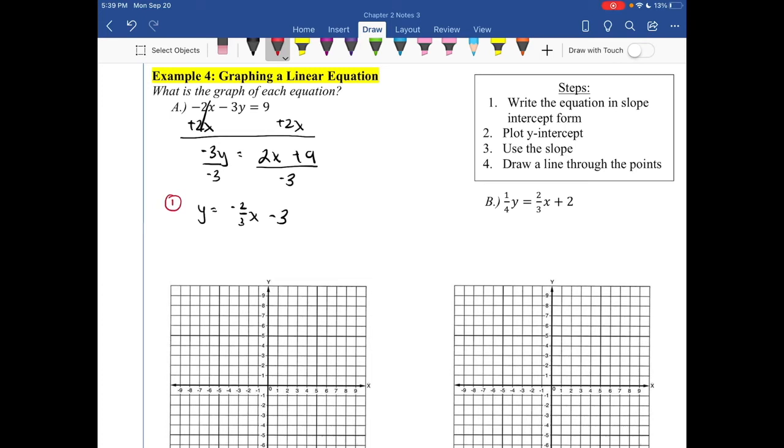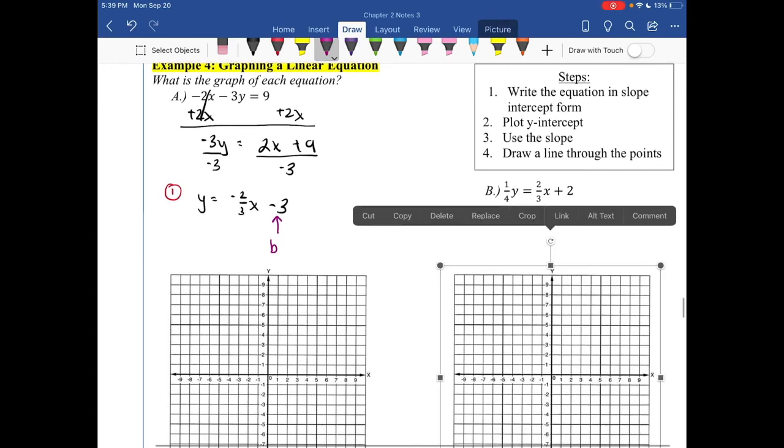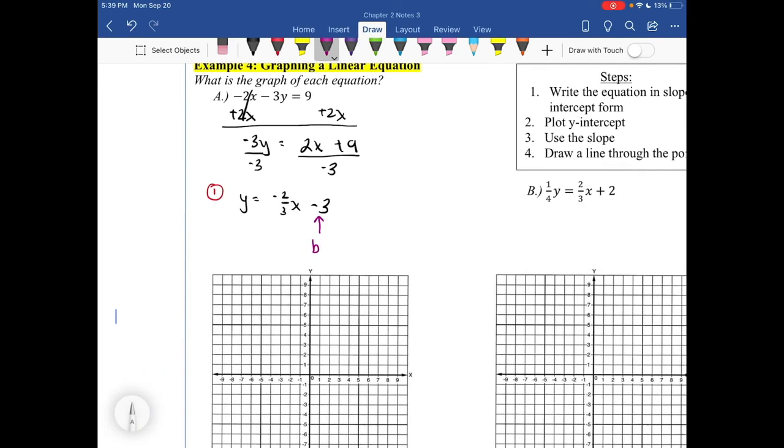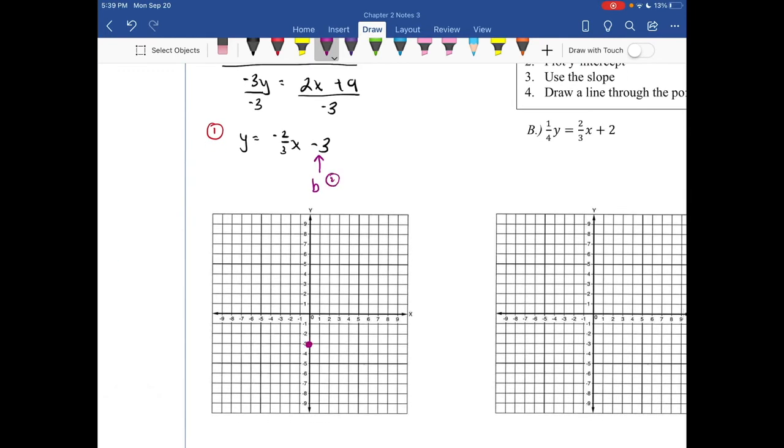Then we can plot the y-intercept. Remember that our y-intercept is whatever the constant is, which in this case is -3. Then we're going to use the slope for step number 3 to plot the next point. Since it's negative, we know our graph is going to fall from left to right.